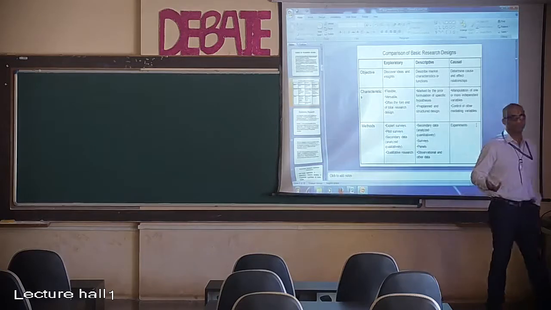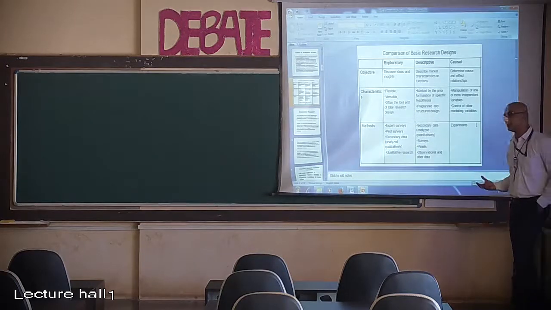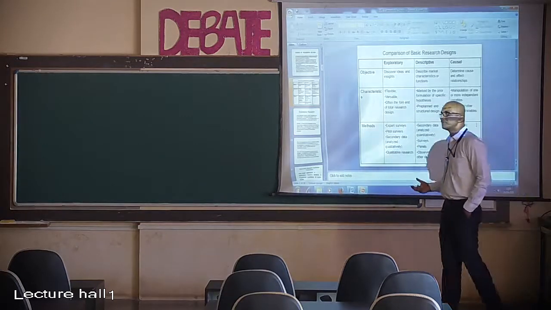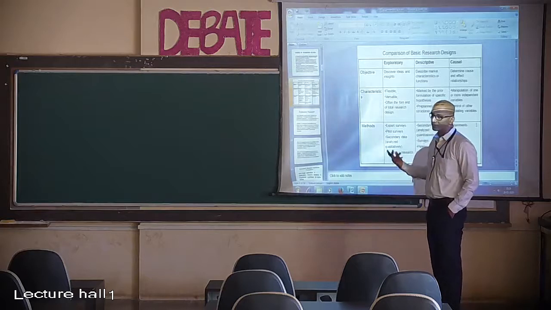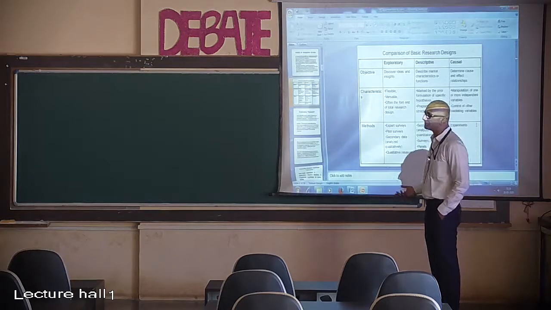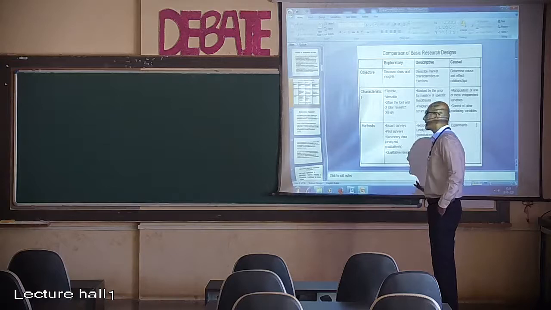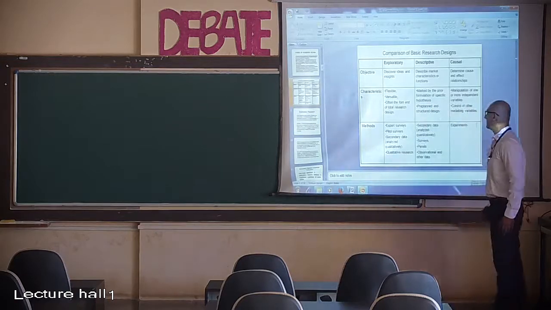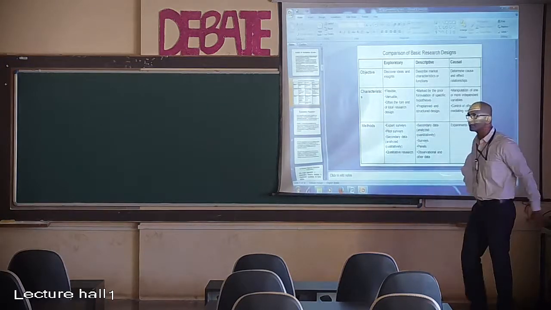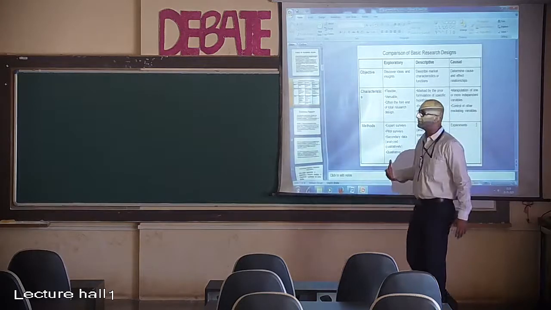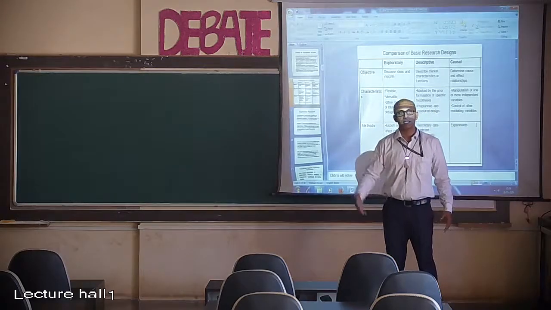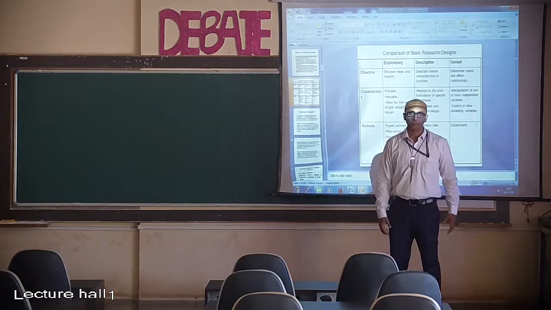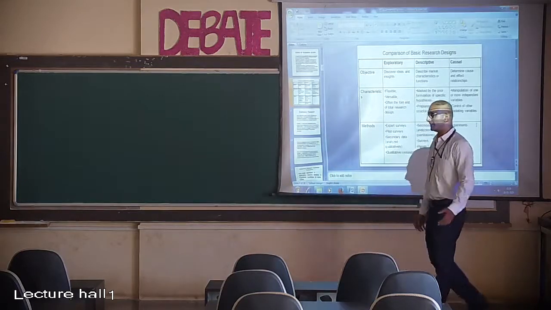A subject matter expert could be an expert of economics, or an expert of industrial output or industrial production. In an expert survey, you're basically conducting a survey amongst the experts. So that is what expert surveys mean.